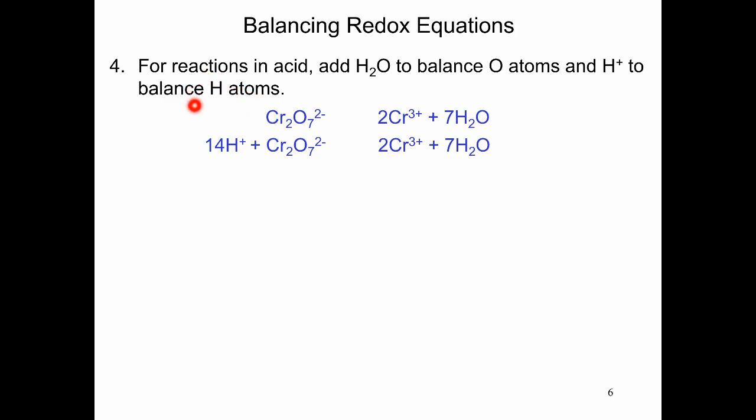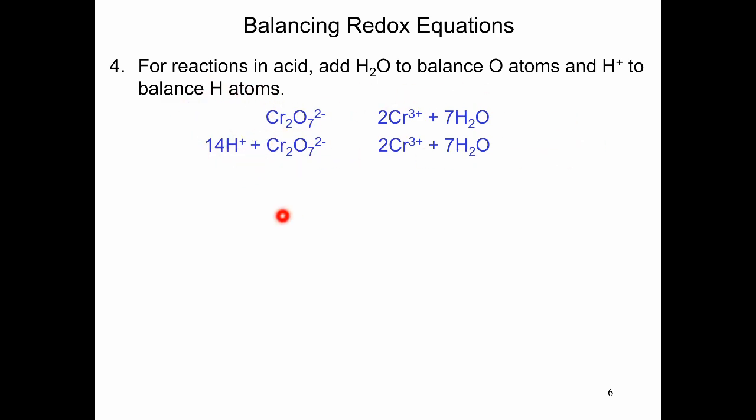Why not just plain oxygen? Because these are reactions in solution, and water is everywhere in a solution. So we just have water present here, and the reaction occurs in an acidic solution. We have H+ here because we define acids as solutions that have an excess of hydronium ions. So hydronium ion is present in an acid, so it's on the reactant side.